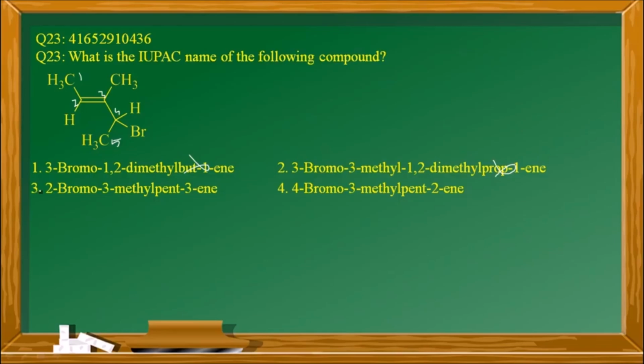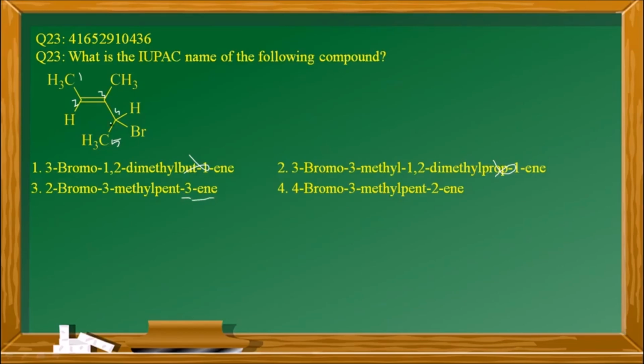Next, option number 3, 2-bromo 3-methyl pent-3-ene. Right, friends, 2-bromo 3-methyl pent-3-ene. So pent-3-ene. When there is a competition between substituents like this and an alkene, always the alkene gets more priority and it must be given the least numbering. So the numbering, if I start from here, 1, 2, 3, this alkene is going to get 3-ene.